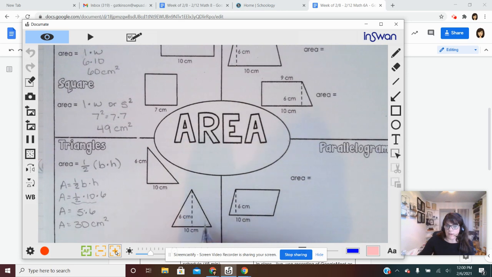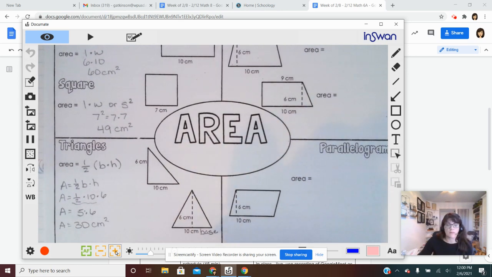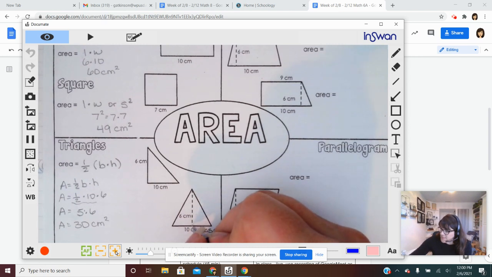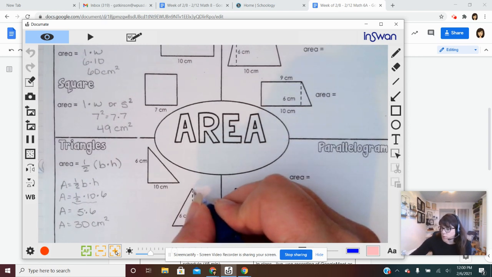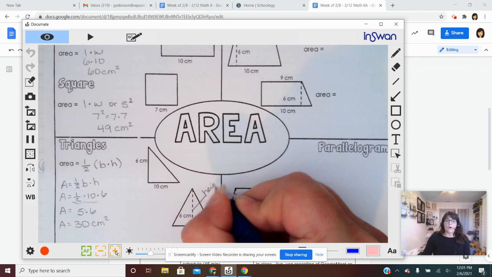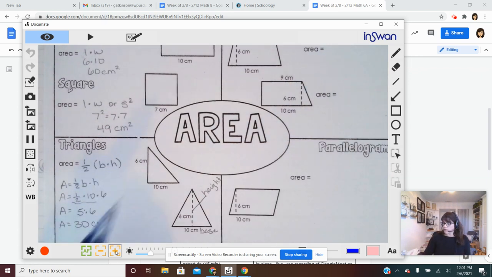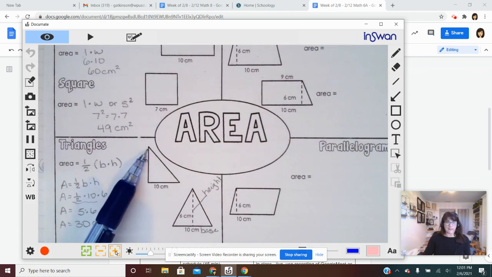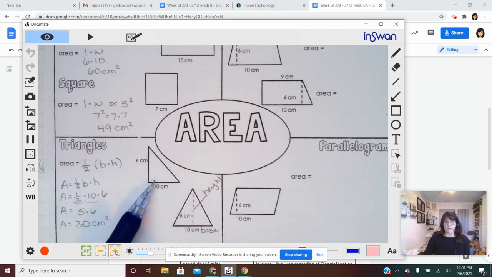On this triangle, I would consider this to be the base, okay, and the distance from the base to the peak or to the vertex, that would be the height. On a right triangle, it's basically like you really did cut a rectangle in half, and so it's a straight and a straight.